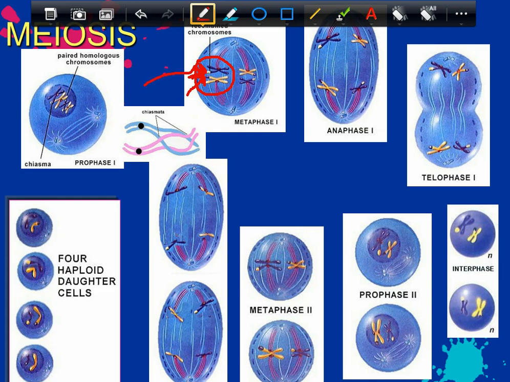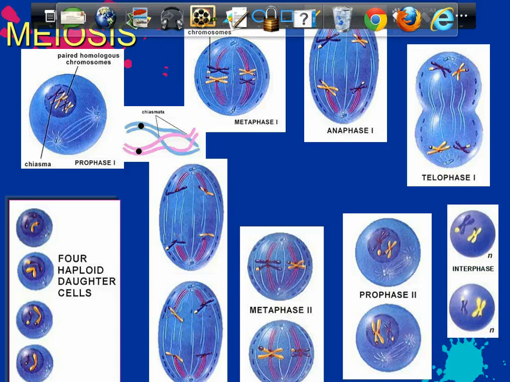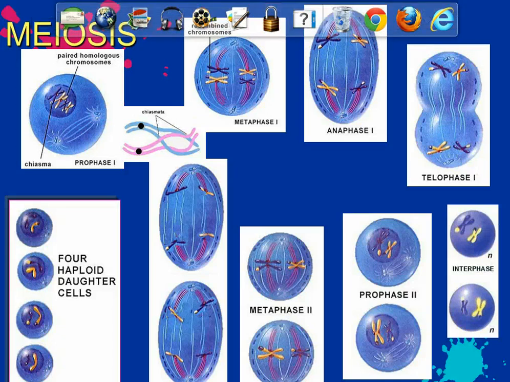Okay, so anyway, now we are in metaphase. You know that that's when the chromosomes line up along an equatorial plate. Now you're maybe unfamiliar with this because you have seen before where each chromosome is on its own along an equatorial plate. Notice that the chromosomes that are homologous are still sitting side by side in that foursome.